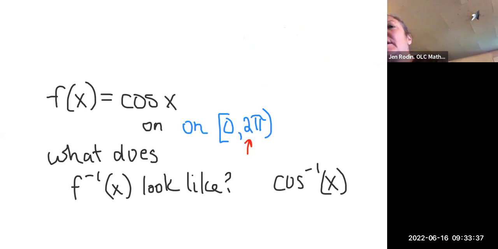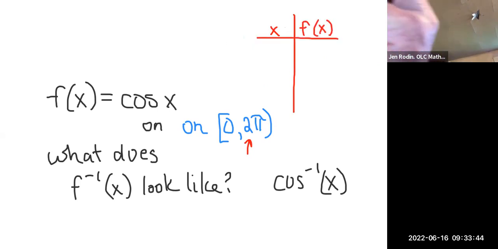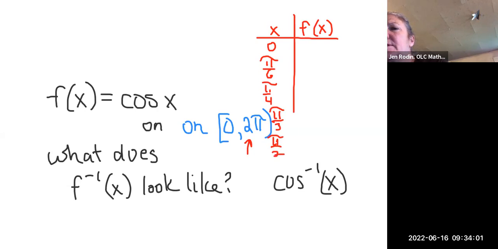So in the original function, f of x and x, if we have some of our main values, let's do pi over 6, pi over 4, pi over 3, pi over 2. You know what? Why don't I just go to there? That'd be easier to look at, wouldn't it? Then I could even include that.